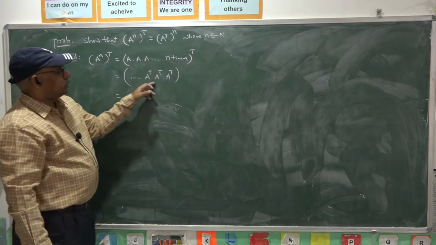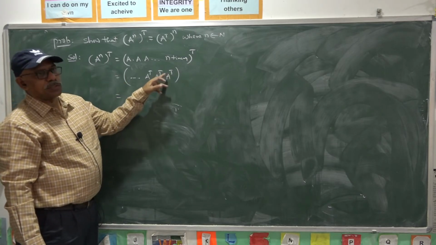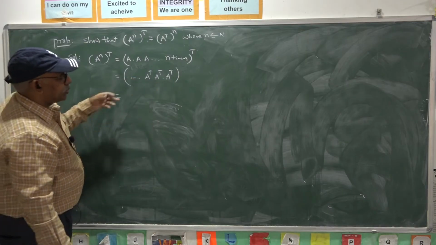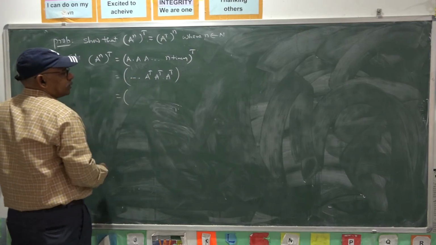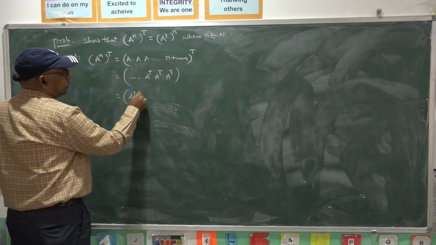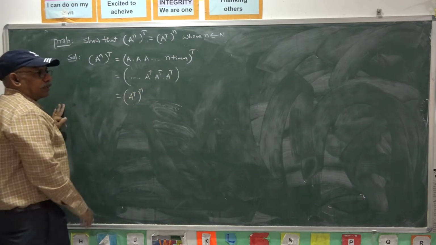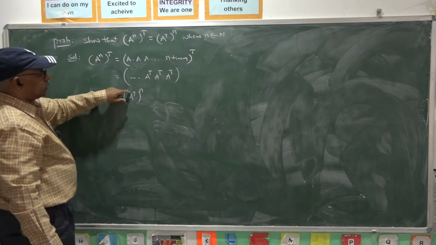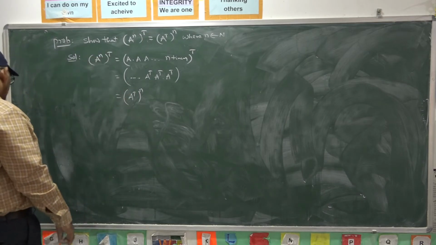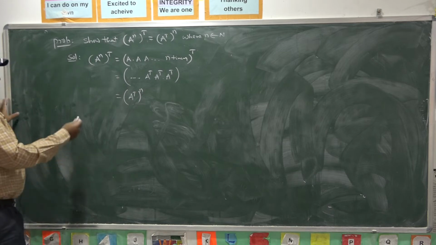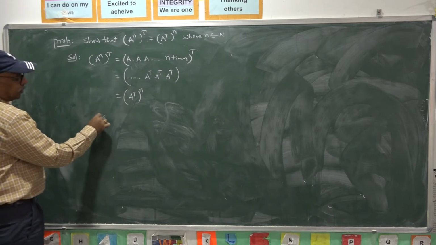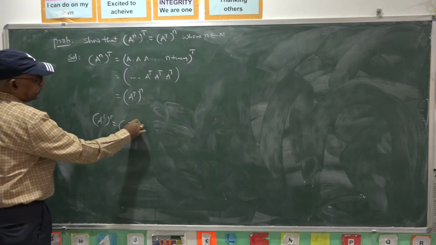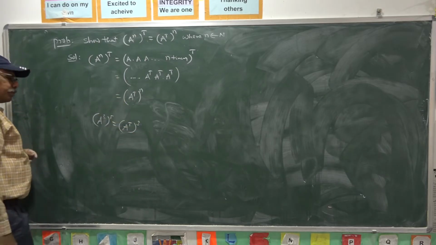So here we are considering the product of A transpose n times, which is taken as A transpose whole power n. So A power n whole transpose is A transpose whole power n. From this, whenever you need A cube whole transpose, you can straight away consider A transpose whole cube, like that.